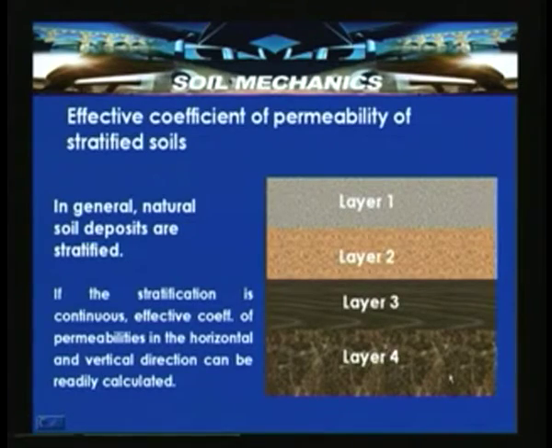If this stratification is continuous, our primary goal is to arrive at the coefficient of permeability of the soils when they are stratified. If the stratification is continuous, the effective coefficients of permeability both in the horizontal and vertical directions can be computed by using the fundamental principles of flow of water through soils.